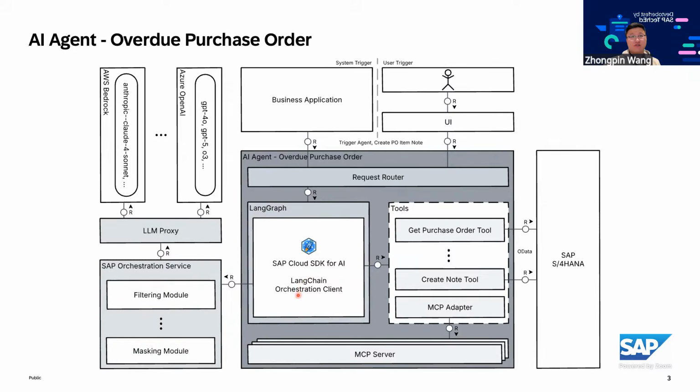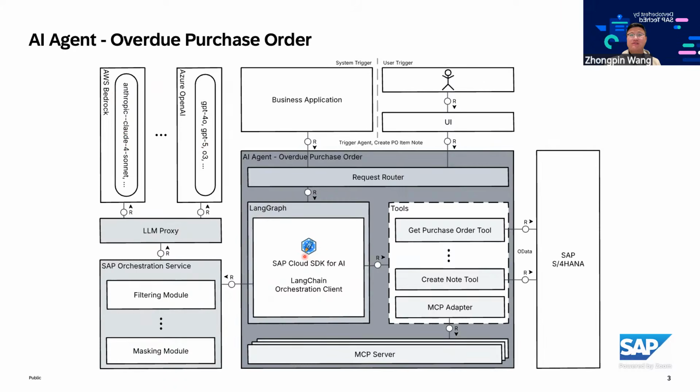Once the orchestration service receives the request from the orchestration client, it will go through the pipeline, first doing filtering and so on, and then send the final request to each of the LLM providers.